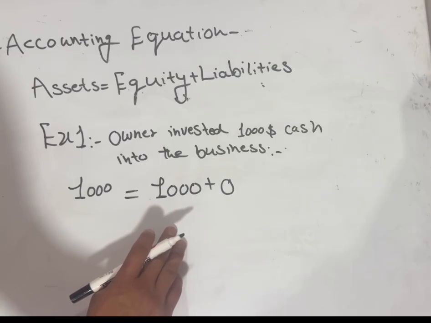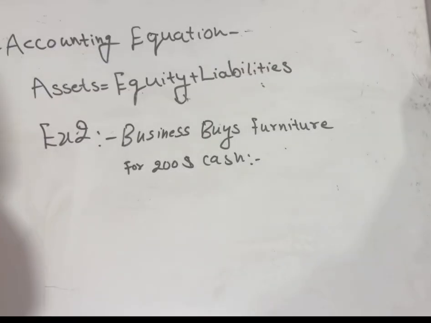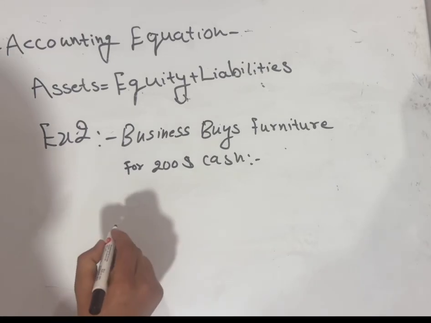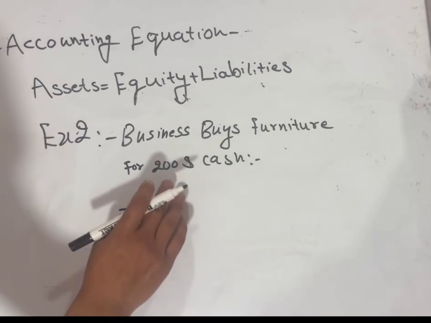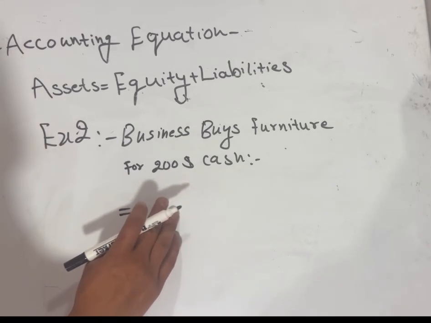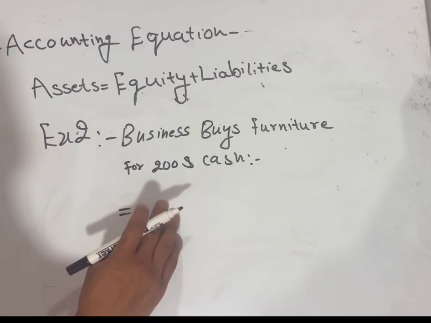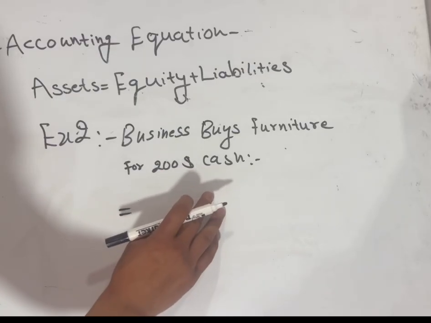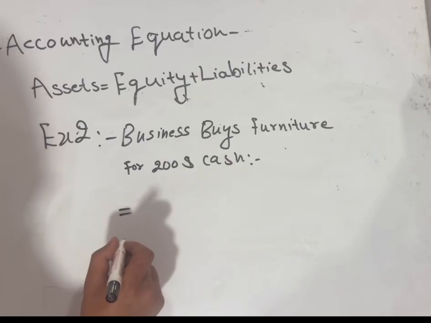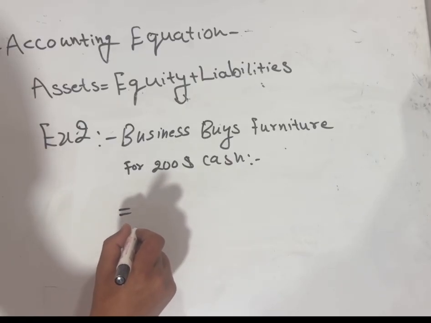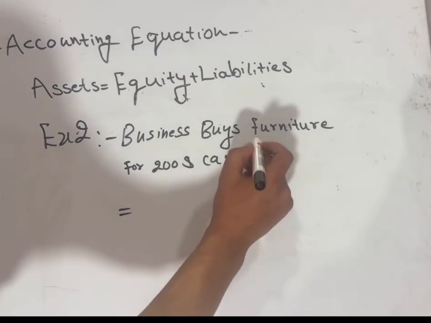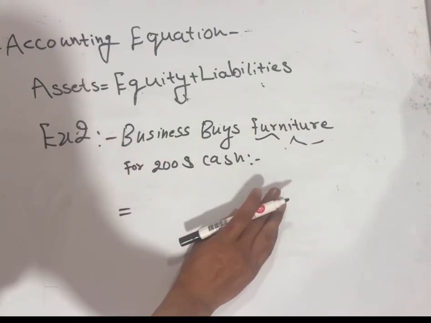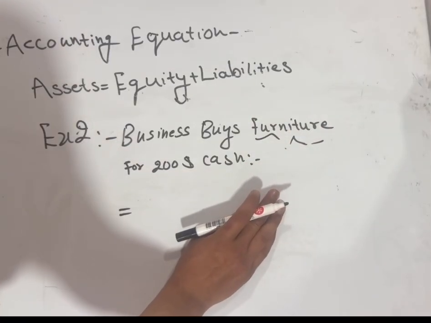So let's have the next example. A business buys furniture for $200 cash. We know that whenever the business buys something with cash, the cash is decreasing, shown in red here. In this transaction, cash is decreased by 200, but on the other side we have furniture, and furniture is an asset for the business.